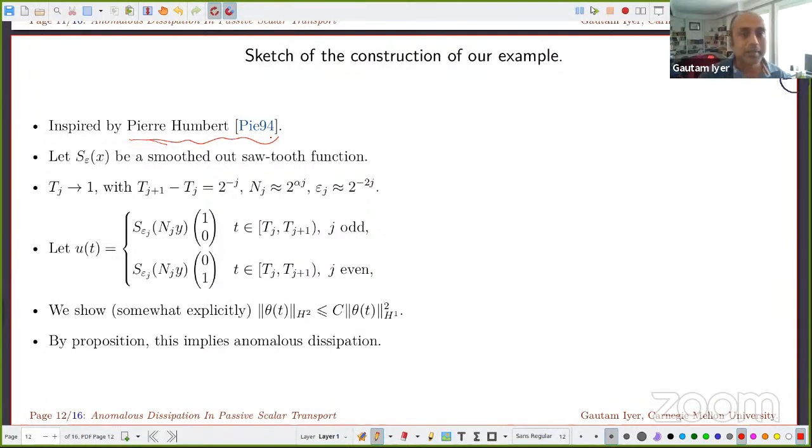So we wanted to do something. We thought something similar would work out over here. It didn't quite. We needed some changes. So first, instead of taking sine shears, we take sawtooth shears. Let me draw that. So here's a picture of my sawtooth function.